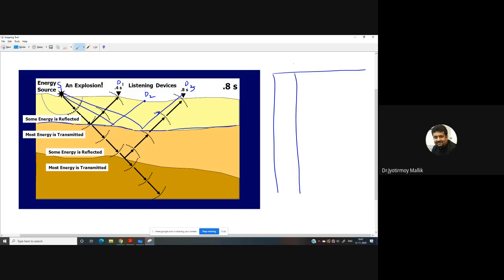Now this is D1, this is D2, this is D3, this is S1. So at D1 for this particular interface, I get a wiggle. At D2, this is my two-way time, okay? So at D2, tell me whether the trace for the same reflector will be at a higher TWT or at a lower TWT. Tell me that.